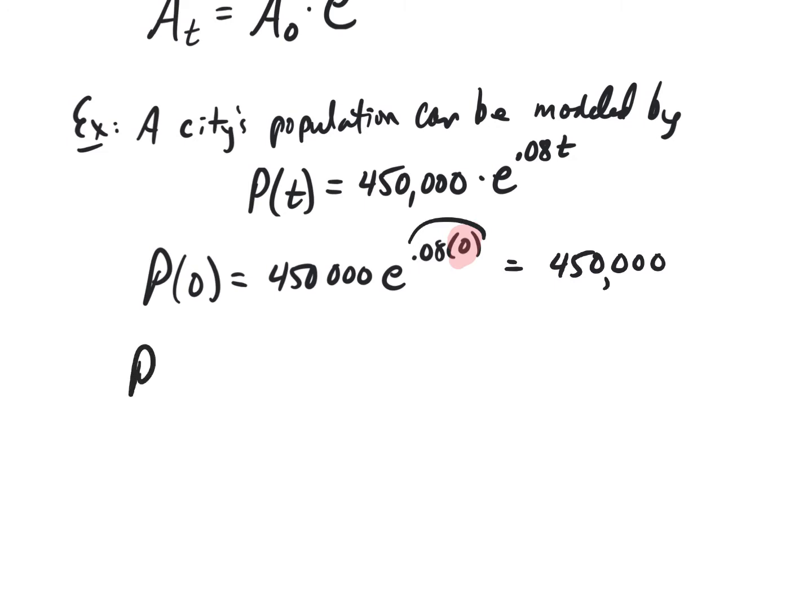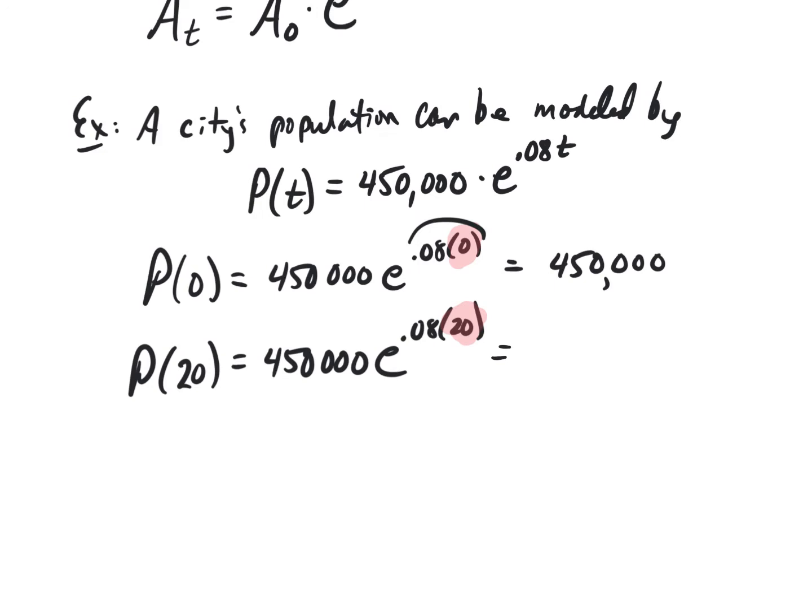But then we could use this equation to make a prediction in the future, like what would be the population 20 years down the road? So P of 20. Once again, wherever we see the variable, we're going to replace it with, this time, 20. And we just do the arithmetic in that order.